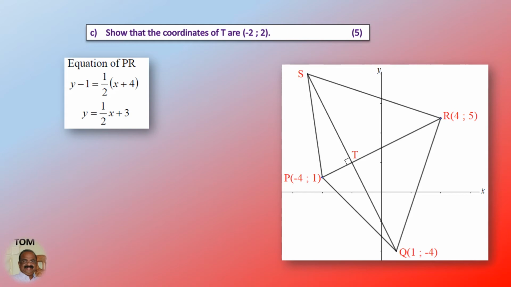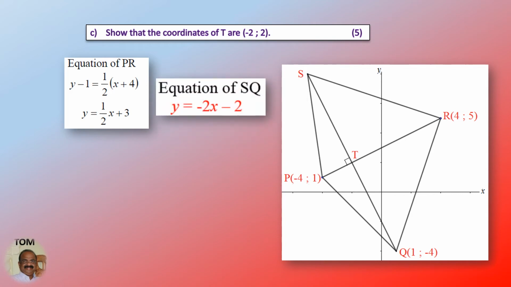We have P and R. Also, we know the gradient of PR, half. So y minus 1 equal to half times x plus 4, which simplifies to y equal to half x plus 3. Again, from the previous question, we have already calculated the equation of SQ, which is y equal to minus 2x minus 2.